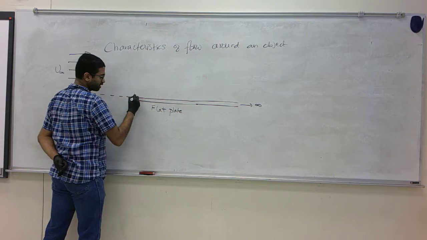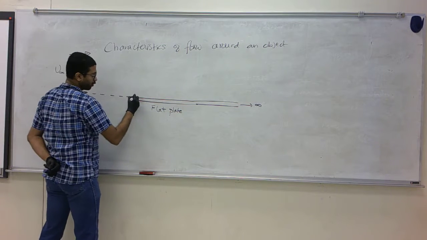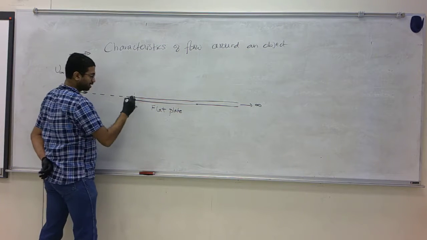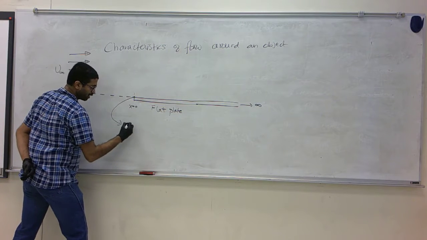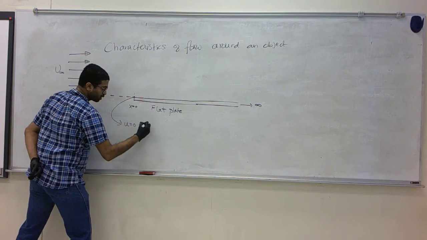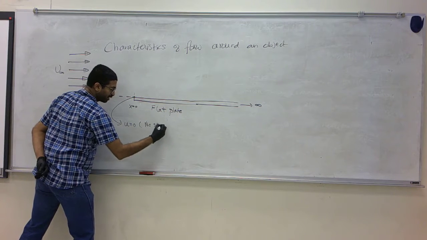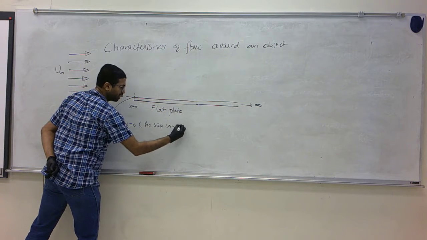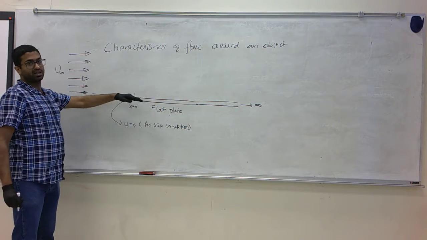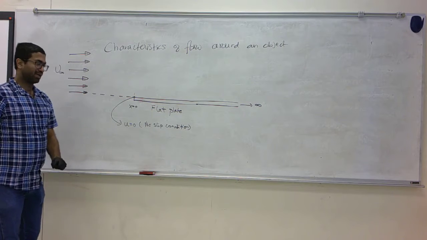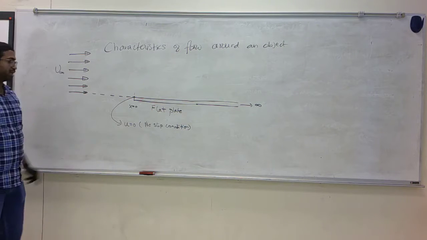At this point here, the flow is decelerated by the plate. The plate is at rest, so the fluid velocity also has to be 0, because we have what is called the no-slip condition. That is, there is no difference in velocity between the plate and the fluid that is in contact with the plate. So we call it no-slip condition.